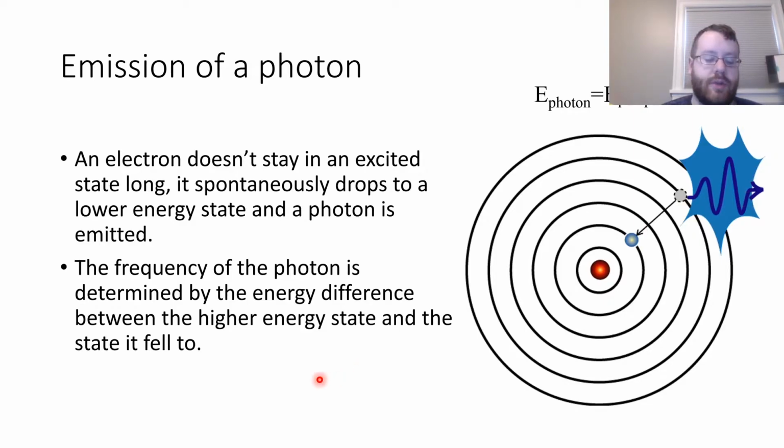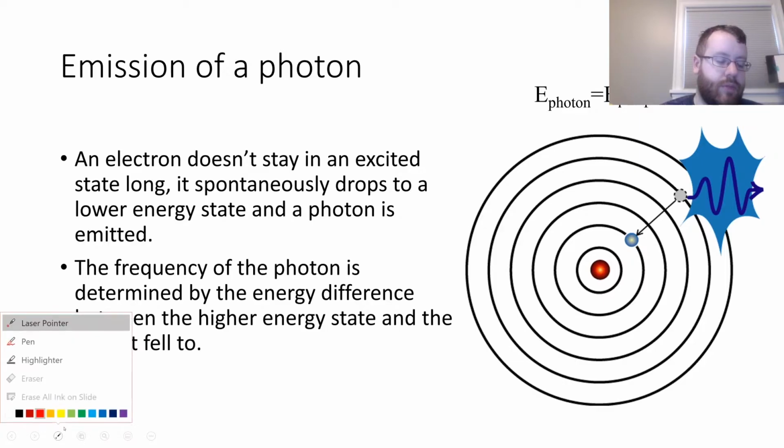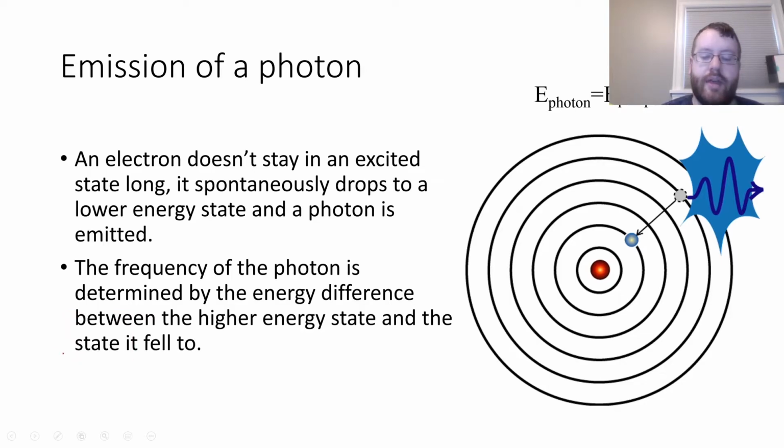And the energy of that photon, the color of that photon, the frequency of that photon, is based off of the formula we talked about in the last one, which is E equals hf. And so that can tell you what frequency the photon will be when it releases.